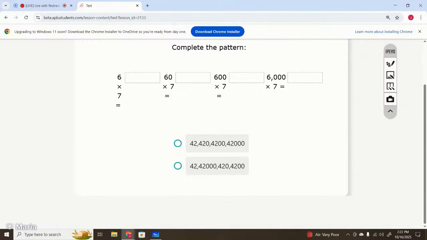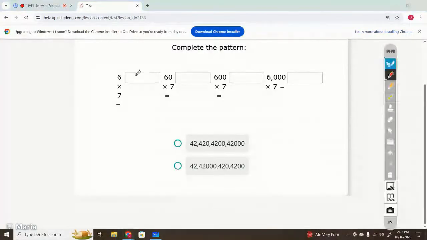Complete the pattern. The correct option, that is 6 times 7 is 42. 6 times 7 is 42 and add a 0. 7 times 6 is 42, then add 2 zeros. And then 7 times 6 is 42 and add 3 zeros. Got it?